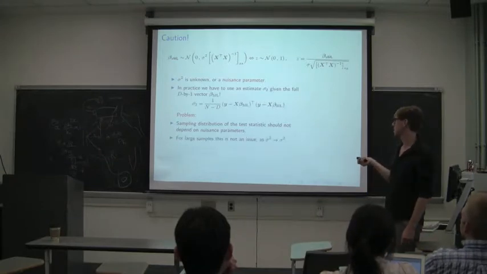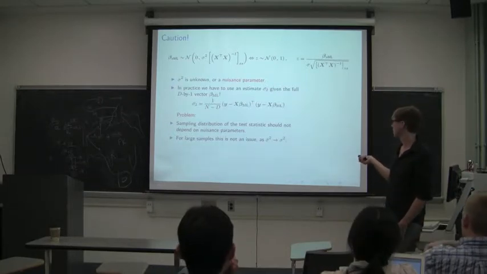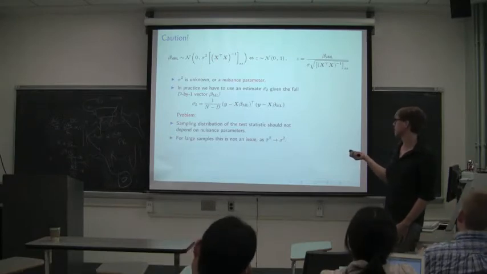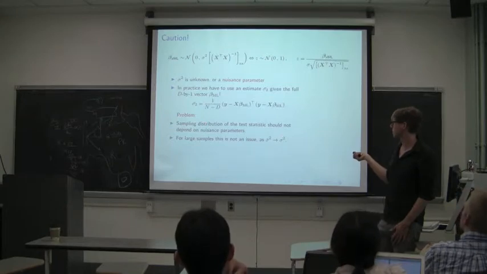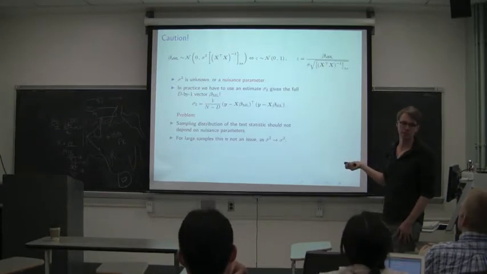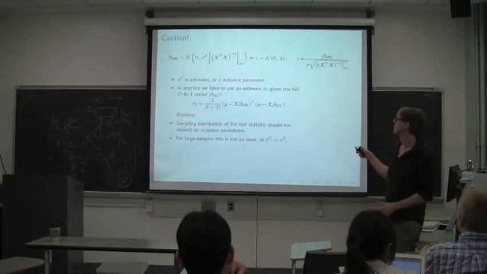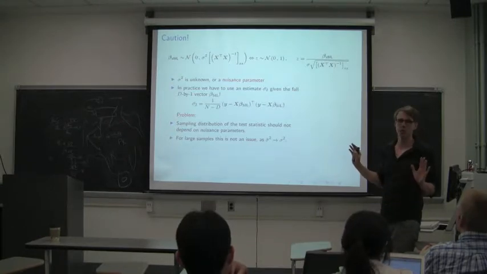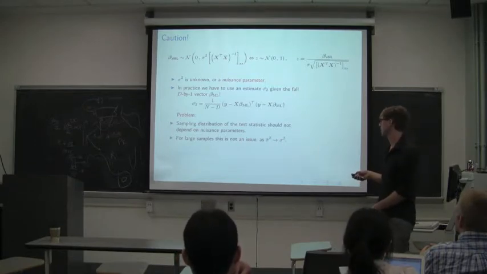For large samples this is not an issue, because for n going to infinity, this will give us an unbiased estimate of the true data variance. So if you have a very large data set, this Gaussian will do all right. For a small data set, it's not ideal.